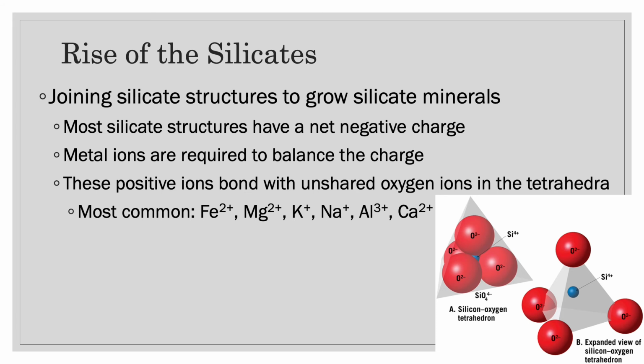So generally these ions are metals because metals usually have a positive charge. Common examples of the ions that bond with silicon oxygen tetrahedra structures are iron, magnesium, potassium, sodium, aluminum, and calcium.